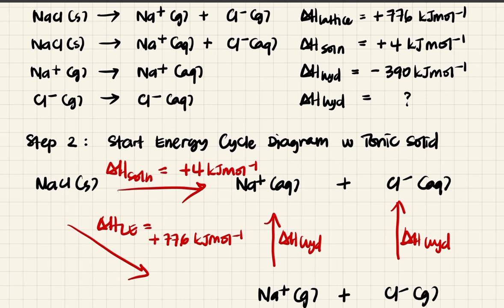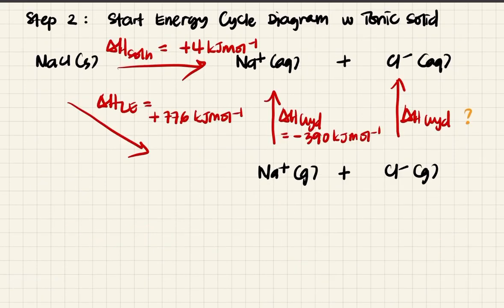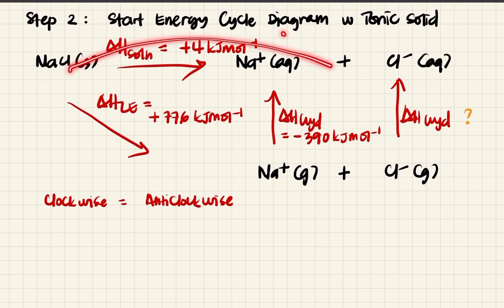Next we have delta H hydration. Delta H hydration for sodium ion will be minus 390 kilojoule per mole. For Cl minus, we want to find this, right? Using the rule that I told you just now, clockwise equals anti-clockwise. What is clockwise? This one is clockwise, and this is anti-clockwise.